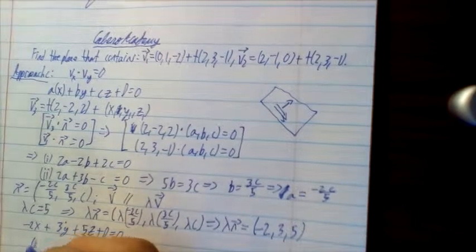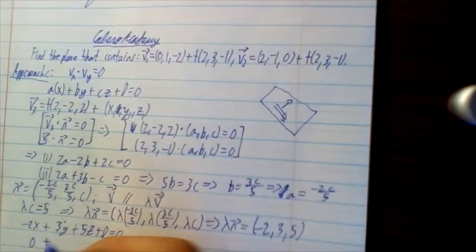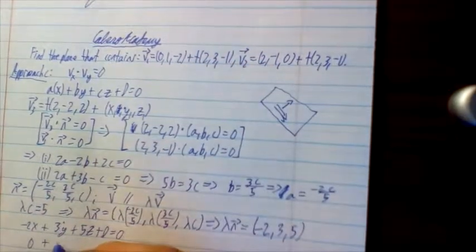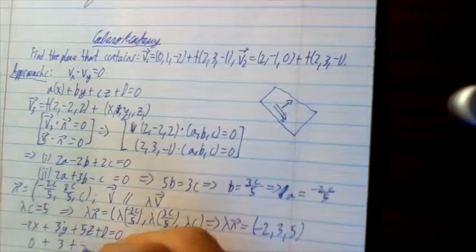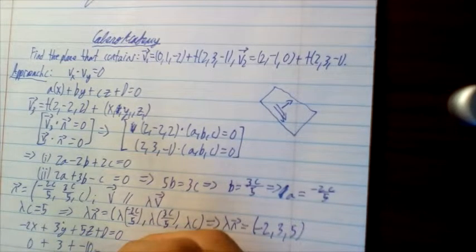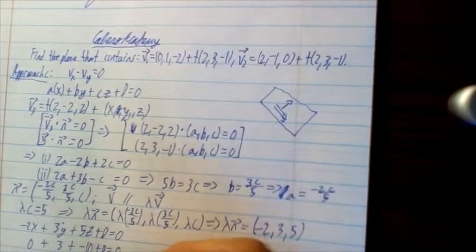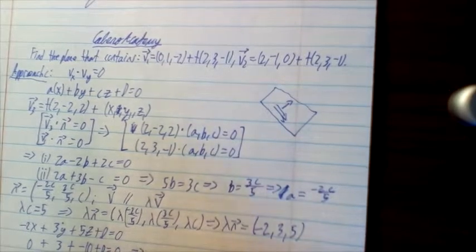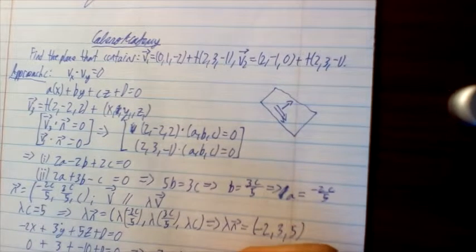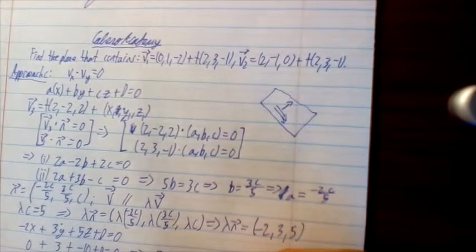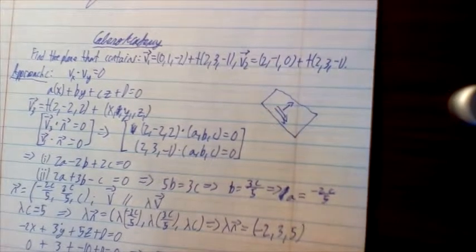So that will be 0 minus 2 times 0 plus 3 times 1, 3, plus 5 times minus 2, minus 10, plus d is equal to 0. Or that minus 7 plus d is equal to 0. Or that d is equal to 7.